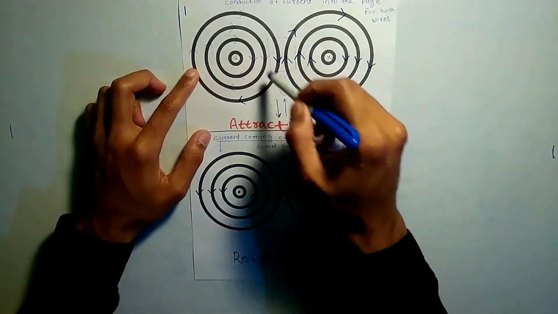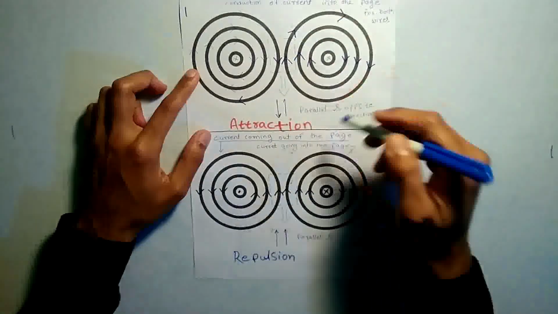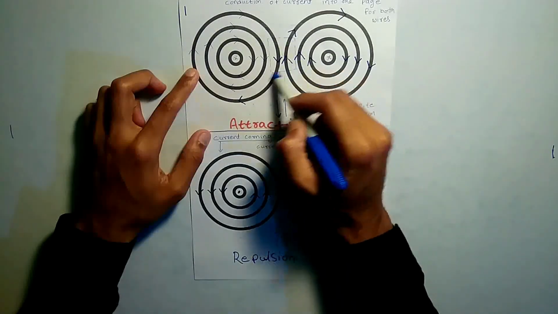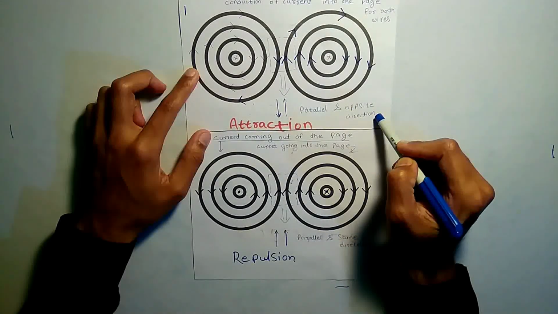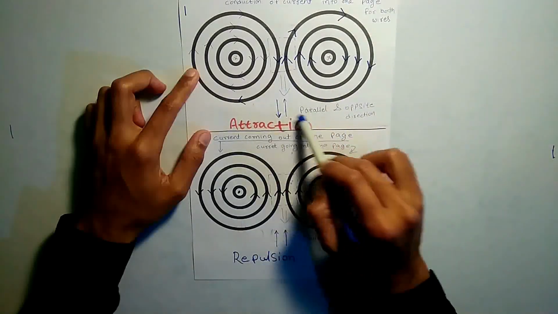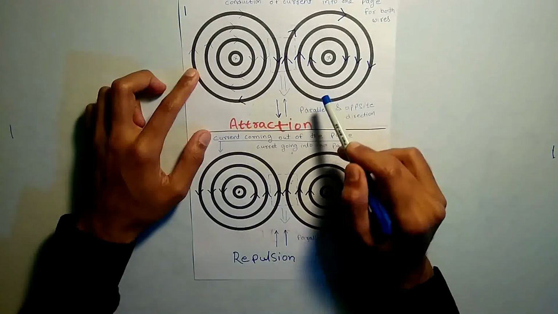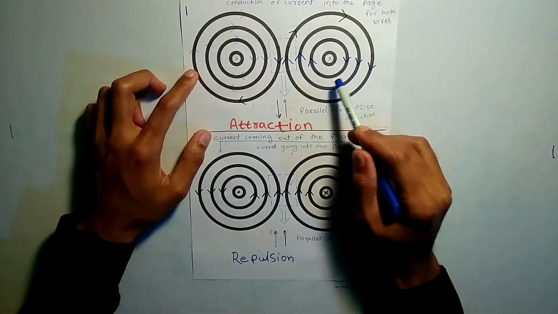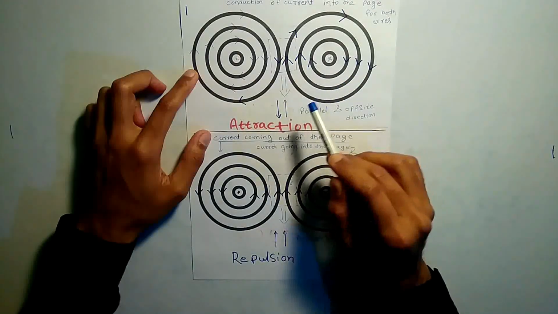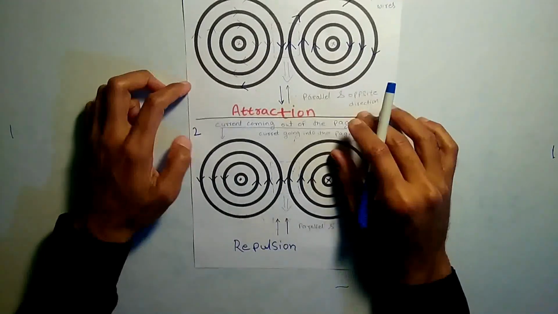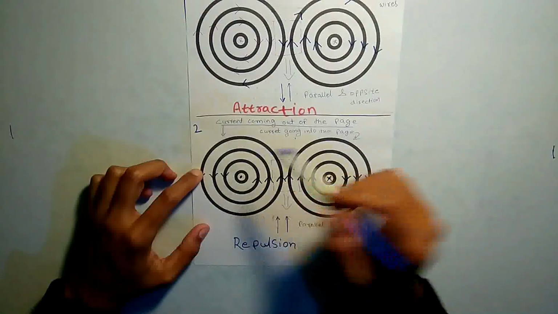Of course, field lines are not parallel because they are concentric, but only at this zone field lines appear to be parallel and in opposite direction. So they will attract each other. This is the reason why transmission lines attract each other, because they are parallel and they also carry current in same direction.